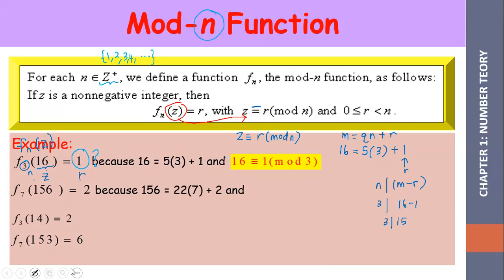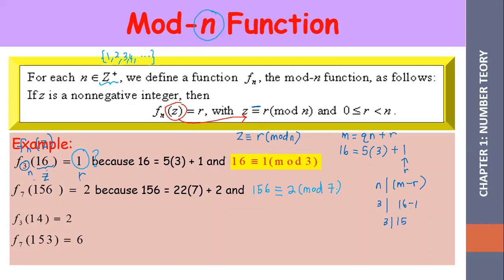So what can you write here? 156 is congruent to, what is the remainder? Remainder 2, mod 7. 156 is congruent to 2 mod 7.